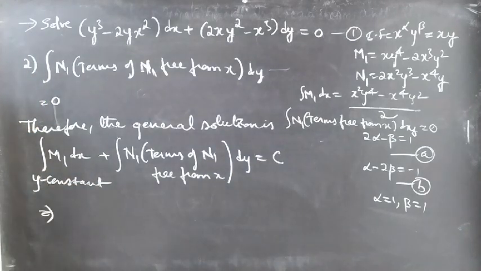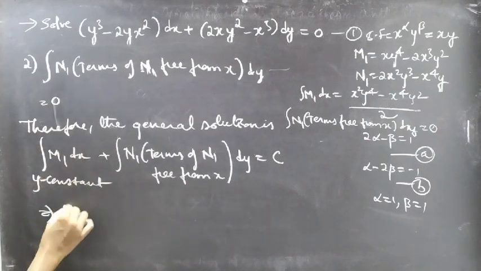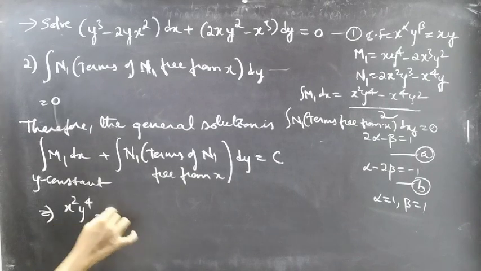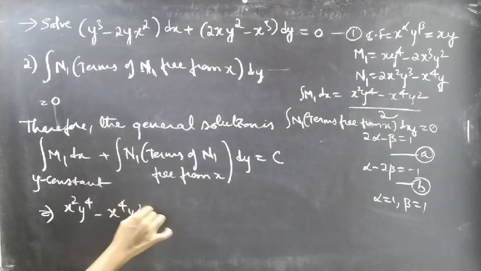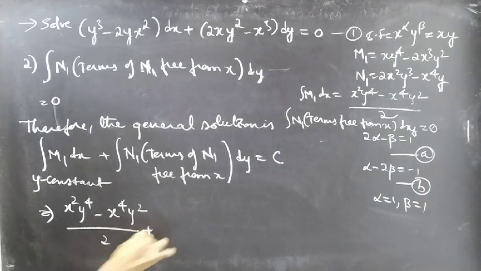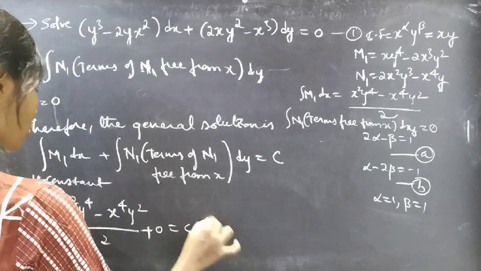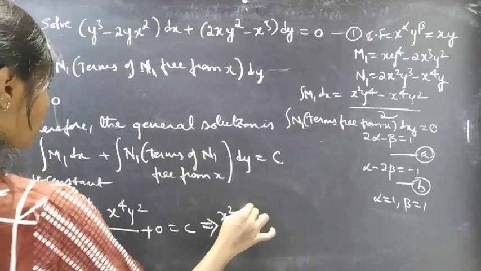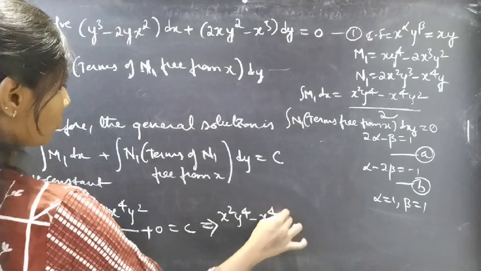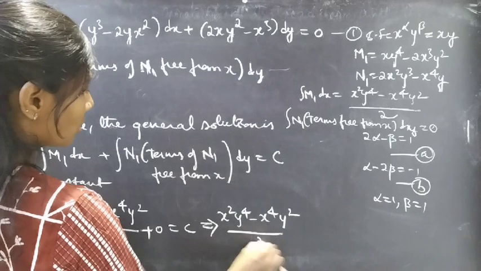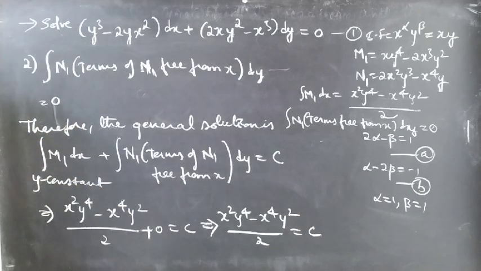The result obtained from the first integral is x square y power 4 minus x power 4 y square by 2, plus the result obtained from the second integral is 0, equal to c, which gives us x square y power 4 minus x power 4 y square by 2 equal to c, right?